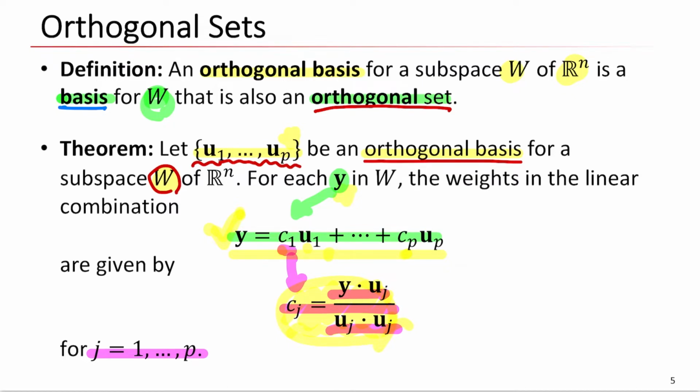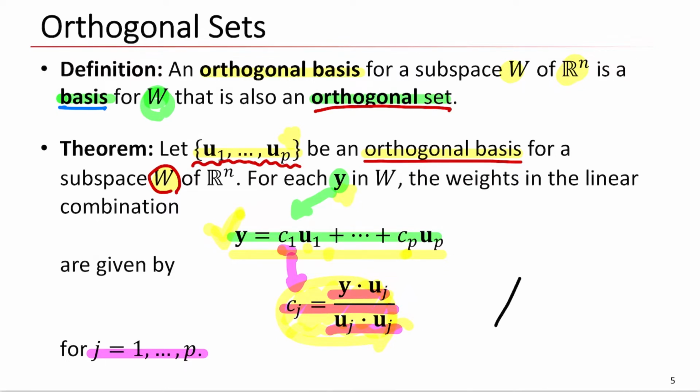For each y in W, the weights of the linear combination y is equal to c1 u1 plus up to cp up are given by the weights cj, represented something like this. So let me draw a figure.